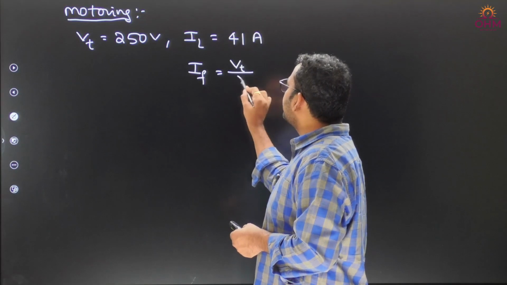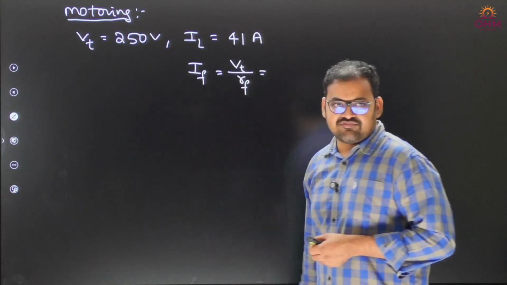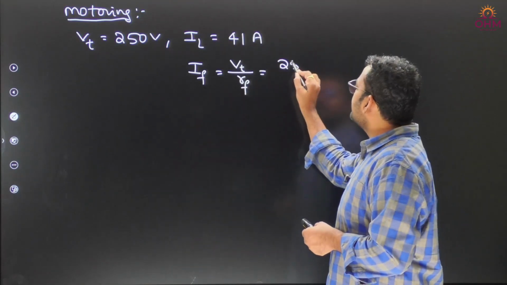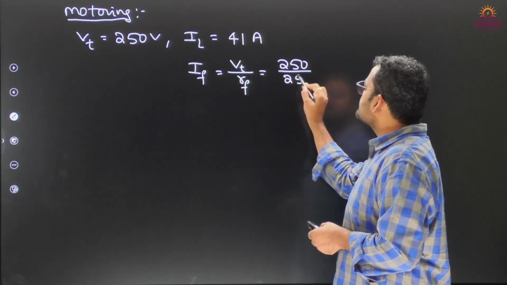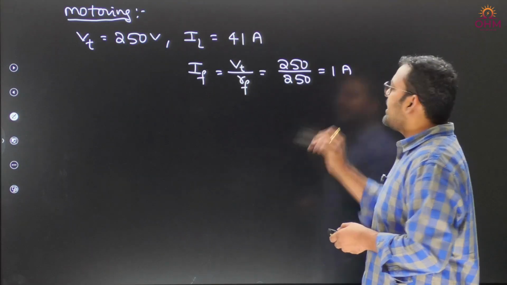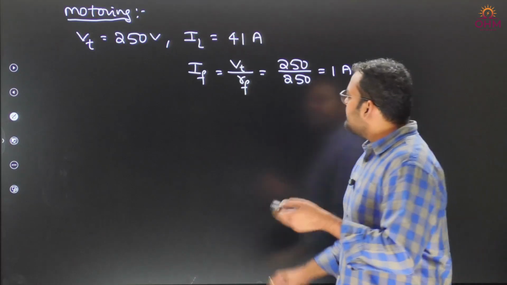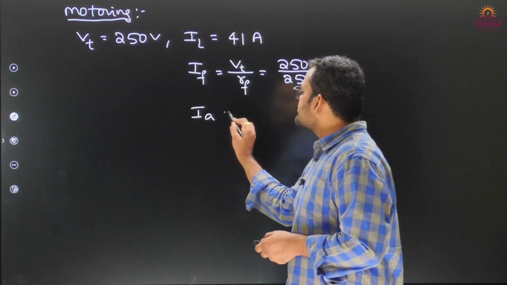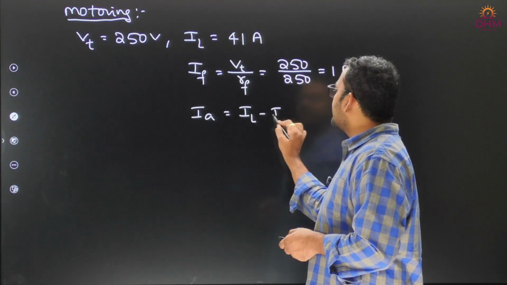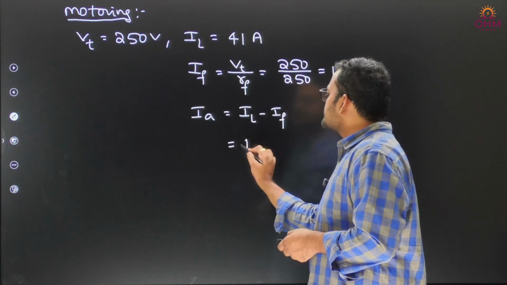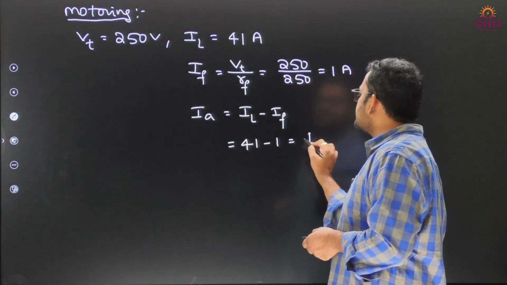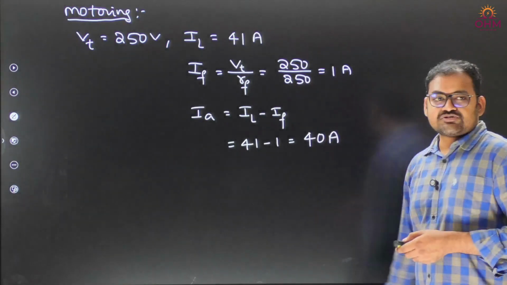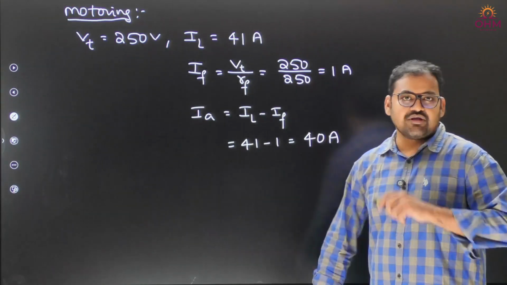What is the formula for field current? Vt by Rf. Vt is 250, field resistance is also 250. Therefore, 1 ampere will go to the field. The remaining current will go to the armature. So armature current is line current minus field current, 41 minus 1, that is equal to 40 ampere. This is the armature current in motoring mode.